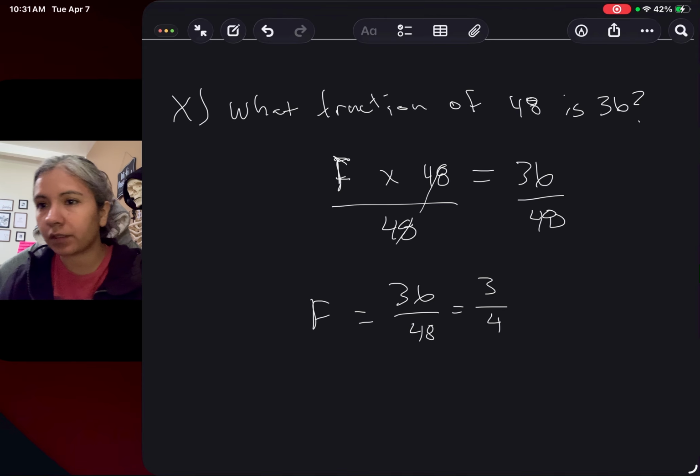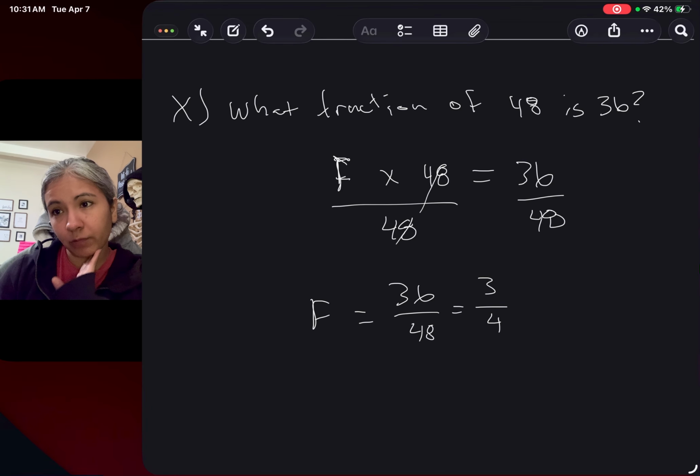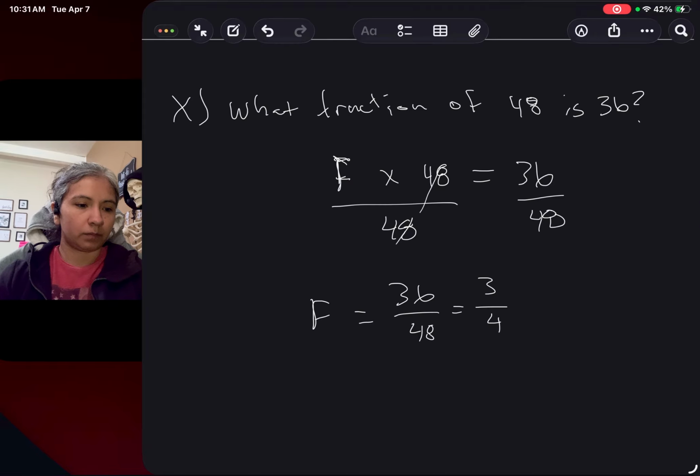If we simplify it, that would be dividing both by 12. So 36 divided by 12 is 3, and 48 divided by 12 is 4. So that's our simplified fraction.